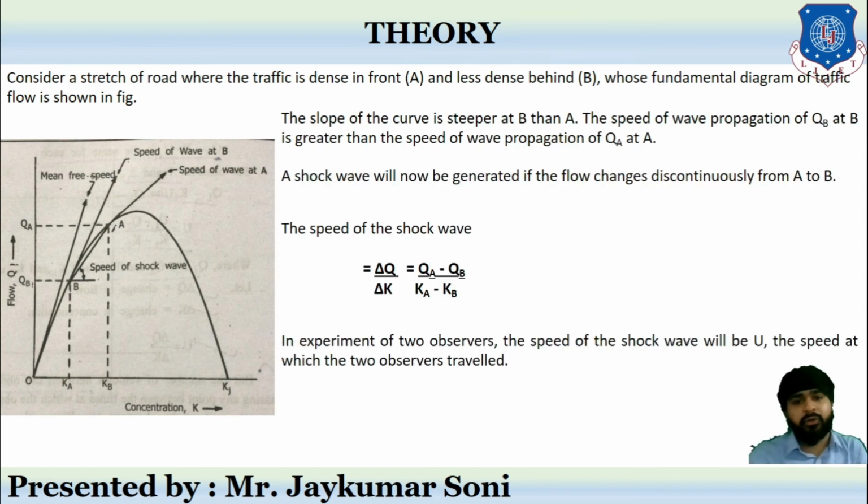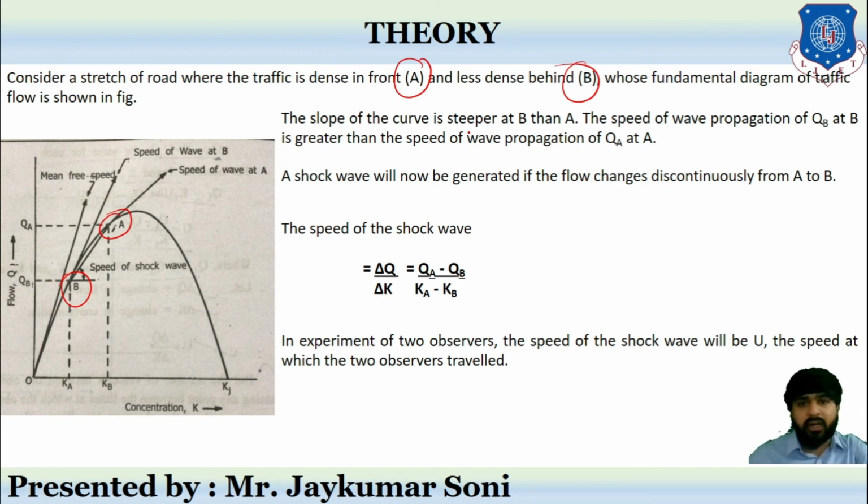Now another scenario: consider a road stretch where the traffic is dense in front of A and less dense behind B. So this is A, this is B, and the fundamental diagram looks like this.